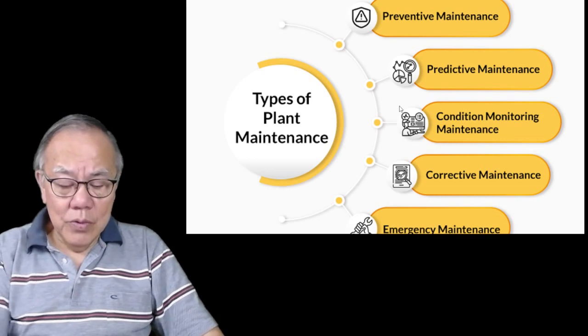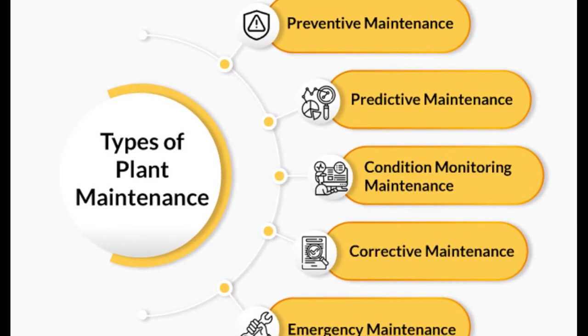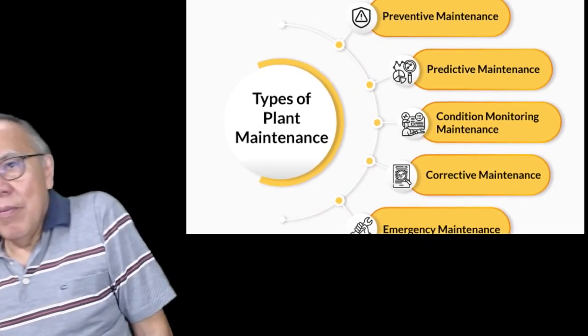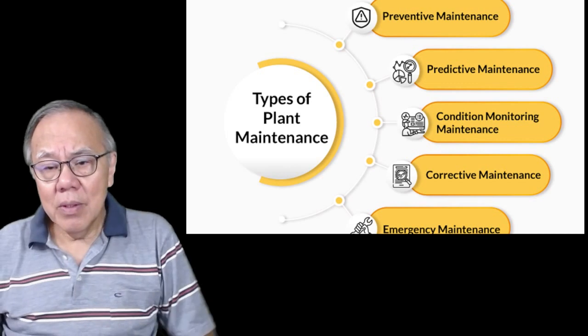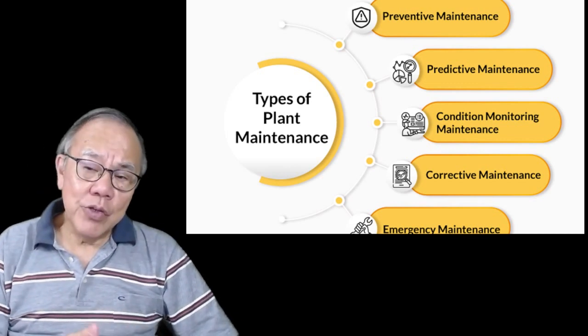So there are different types of plant maintenance: preventive maintenance, we can do predictive, we can do condition monitoring, we can do corrective. We have emergency maintenance. Basically, these are the different types of maintenance that you do in your plant.